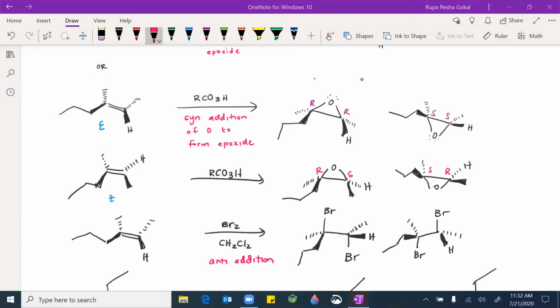And when you open up a bridge, you're going to do it on the opposite face, so it's an anti-addition. It has nothing to do with the stereochemistry of the alkene. It has to do with how that reaction works. Epoxidation is a syn addition because every time you do an epoxidation, it's a syn addition. It doesn't matter that it starts with the E.